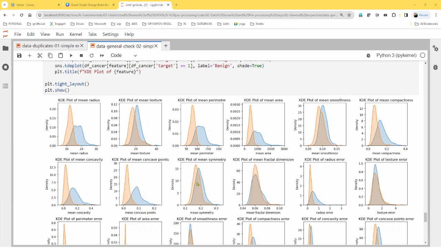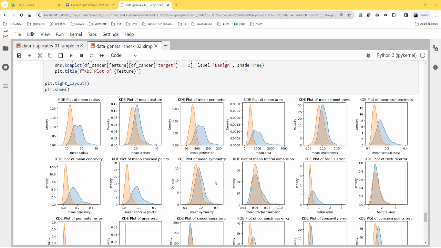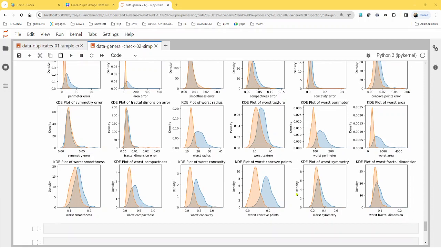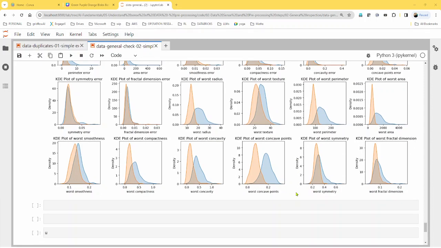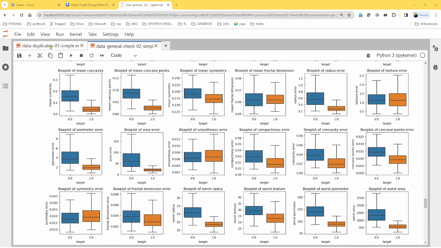So again, by and large, as I mentioned earlier, we look at all the possible plots and just make a subjective decision whether we have discrimination in the data. Discrimination in the data is an important part in machine learning. If we don't have discrimination in the data, it's hard to build a machine learning model. So that was an example of how we check for sanity in the data.